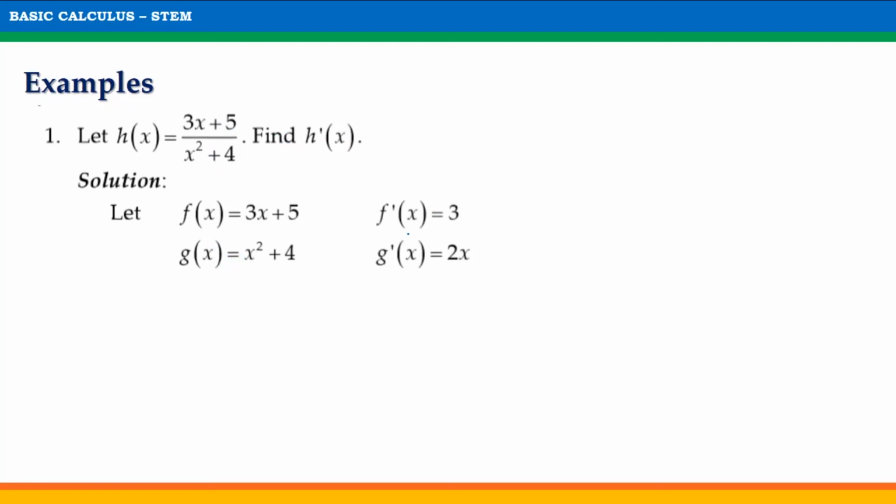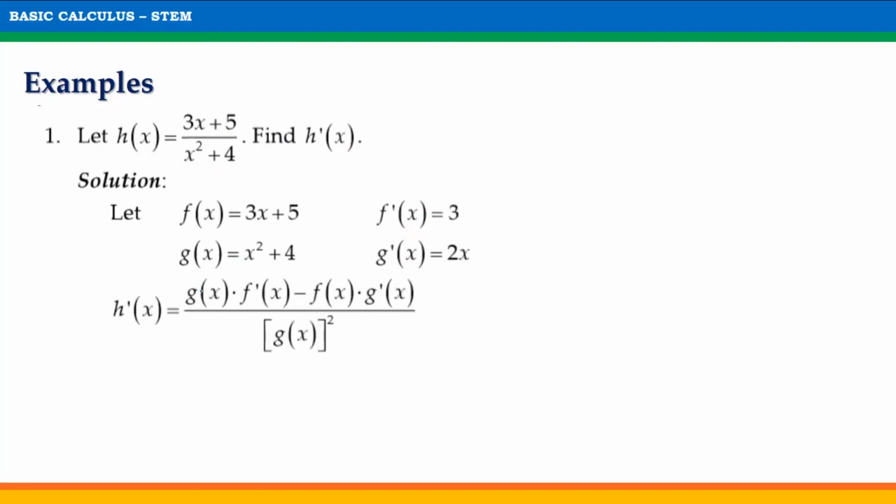The derivative of f(x) is equal to 3 and the derivative of g(x) is equal to 2x. From here, we can now substitute f(x), g(x), f'(x), and g'(x) to this formula.